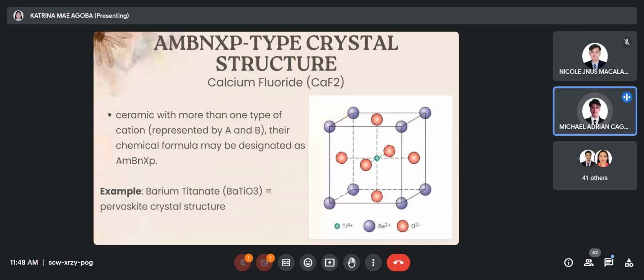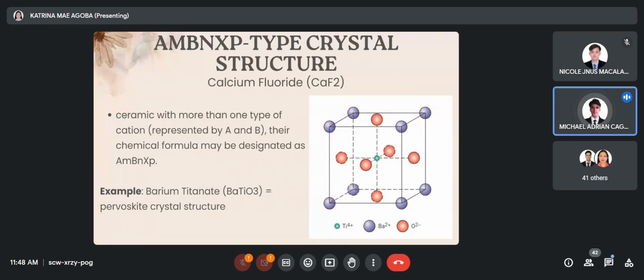So an AmBnXp type crystal structure is a way to describe the arrangement of atoms in certain types of compounds, typically in the context of complex minerals and compounds in chemistry. So A represents one type of metal cations, which is the positively charged ions, and B represents another type of metal cations.